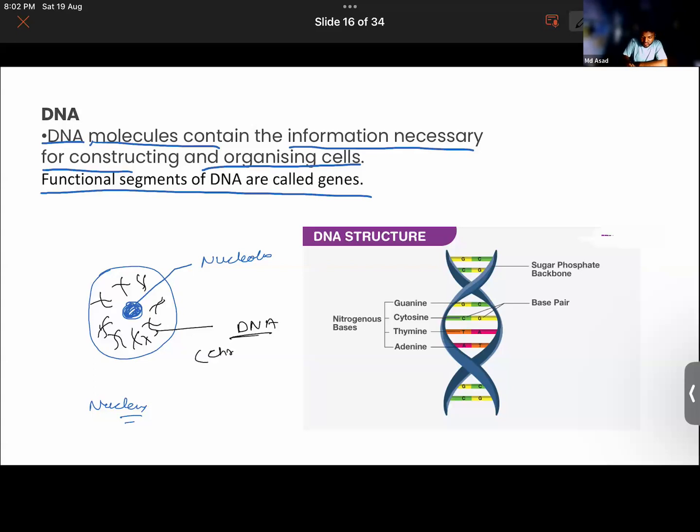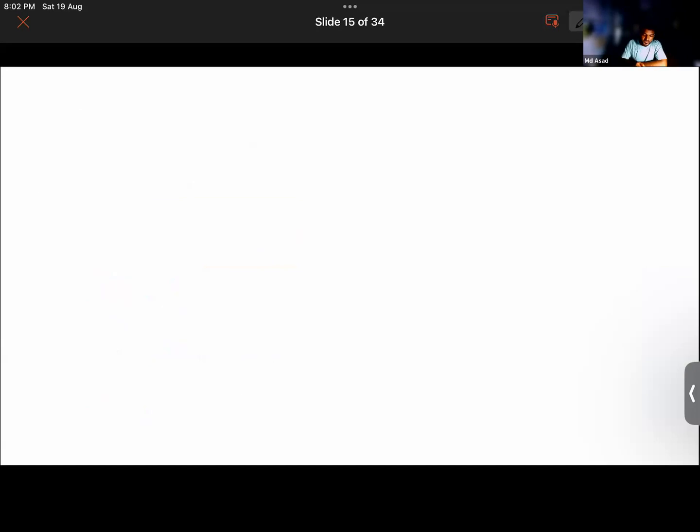So chromosomes are made up of DNA. Where is this DNA and chromosome we are talking about? It is inside the nucleus. Nucleus, not nucleolus. Getting it?